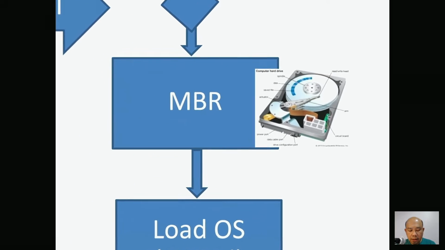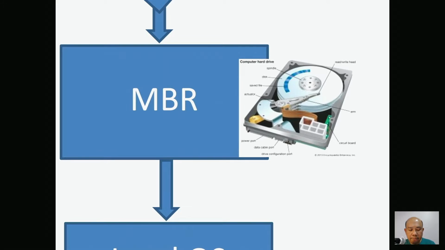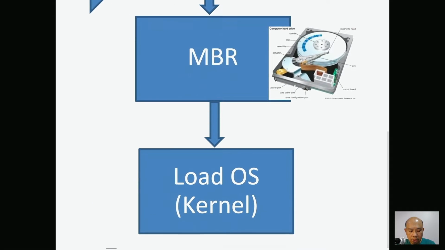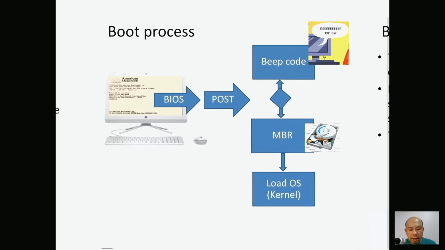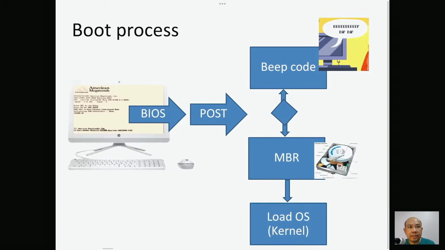The first location, the MBR, points to the location of the operating system on the disk, and then it loads the kernel or operating system into memory. This is the whole structure of the booting process.